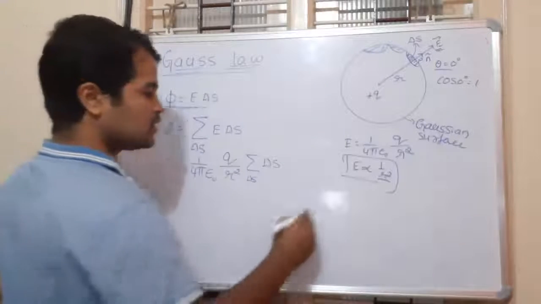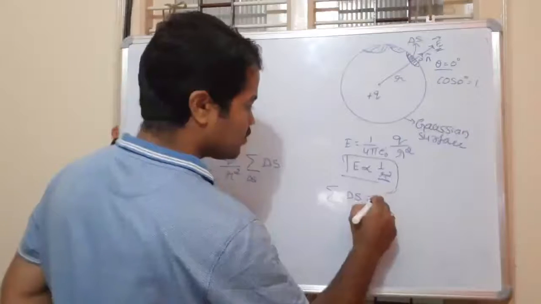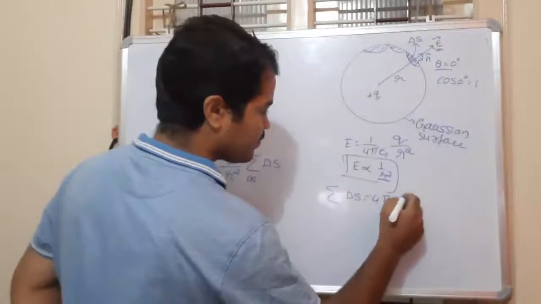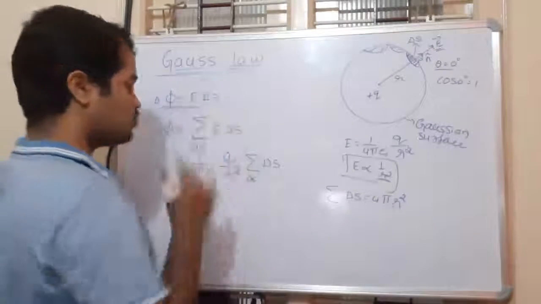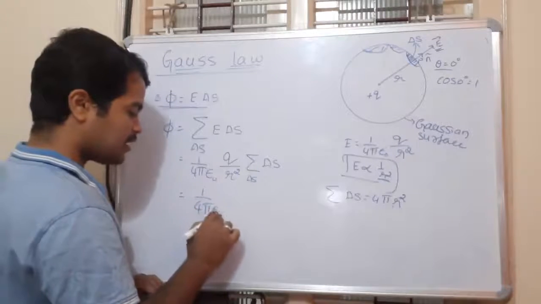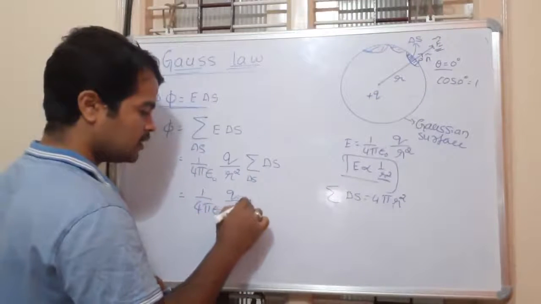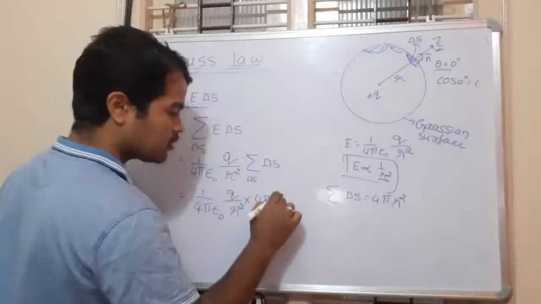The total surface area, that is the sum of all delta S, is equal to 4 pi r square. So if you insert this value, it will become 1 by 4 pi epsilon naught into Q by r square into 4 pi r square.